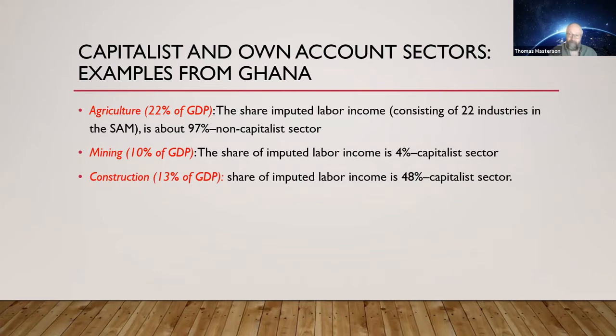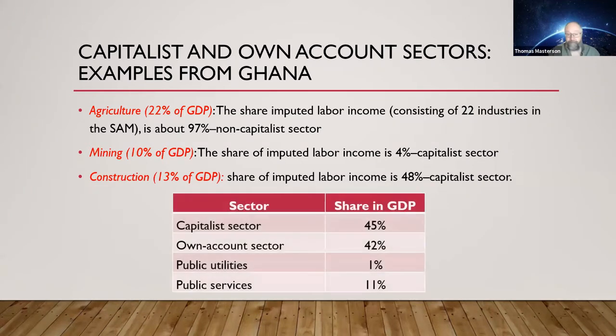It's also going to be important because this is the sector that the road infrastructure spending is going to go into. And so that's the capitalist sector as well. A large majority of labor in construction is wage labor, so it's termed the capitalist sector.